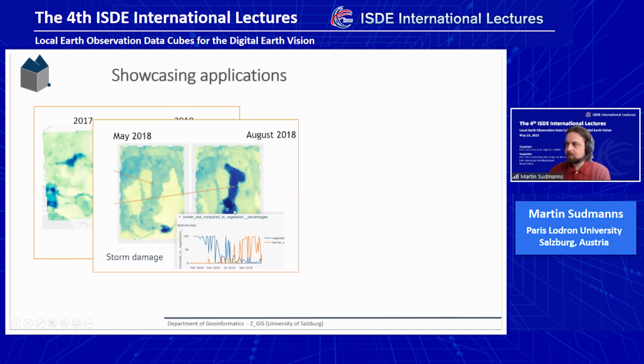On the right side, you see the situation after the storm. All the blue areas are affected by storm damage. And then what may be even more important is that we can track the vegetation growth after the storm damage over the next, let's say, 10 or 20 years with this.